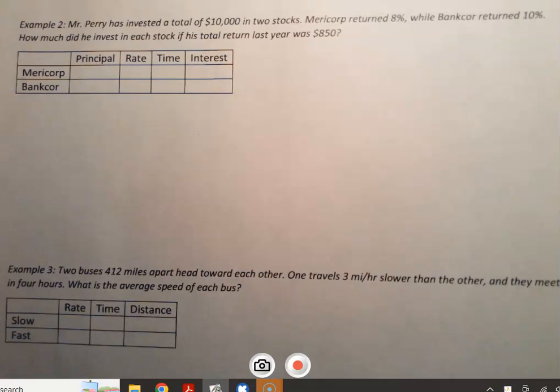Example 2. Mr. Perry has invested a total of $10,000 in two stocks. It's invested, that's important. That's his principal. We're using this formula of principal times rate times time equals the interest, or you might have seen it as I equals PRT in the past.